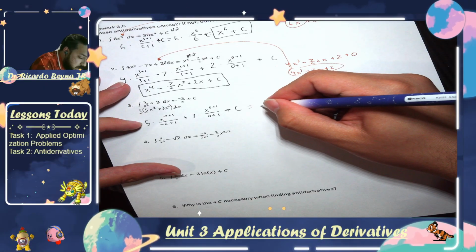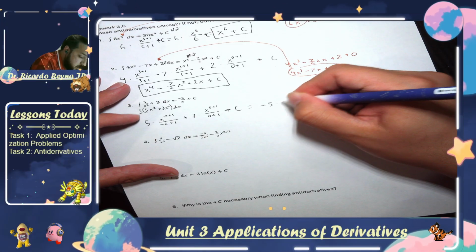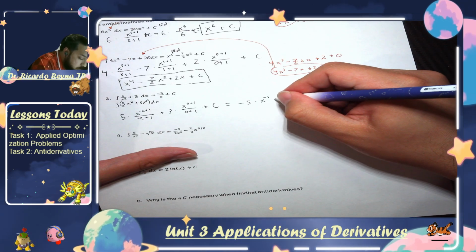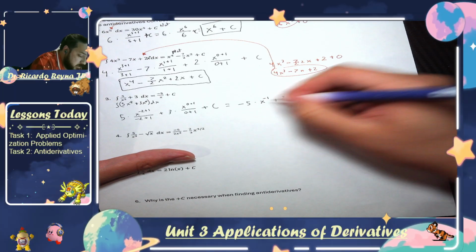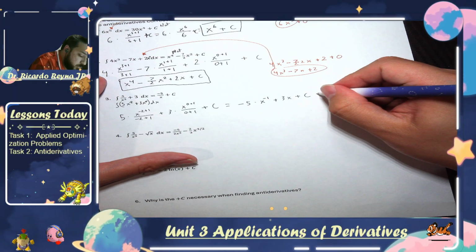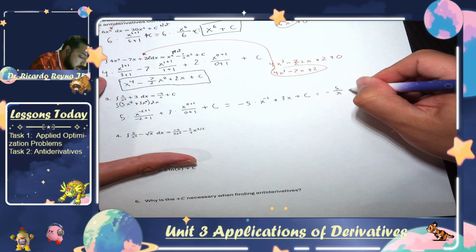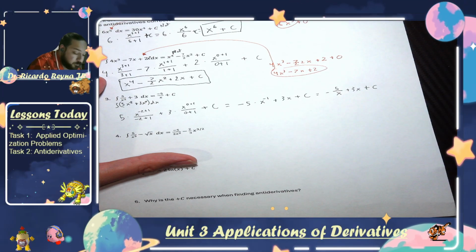That's going to be a negative 5 times x to the negative 1, and then plus 3x plus c, which we can definitely make prettier. And just rewrite that as negative 5 over x plus 3x plus c.